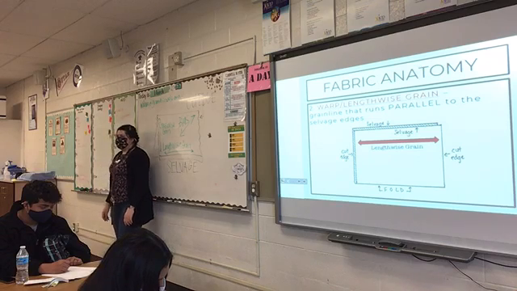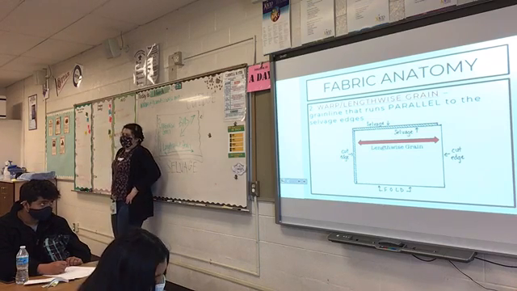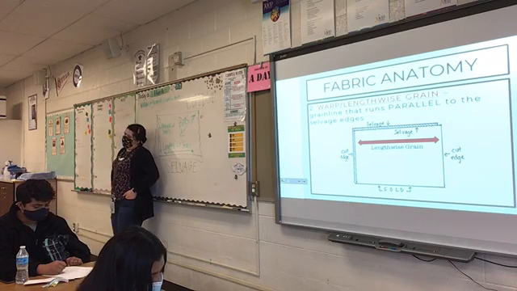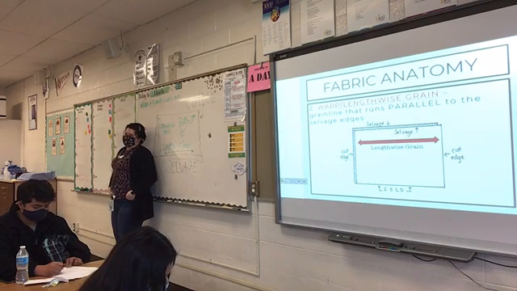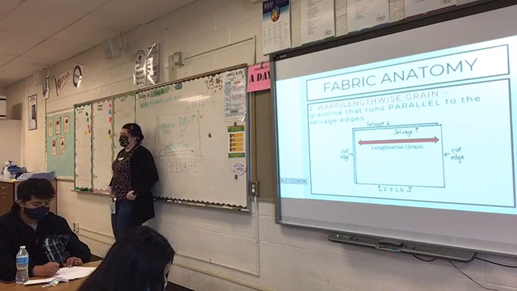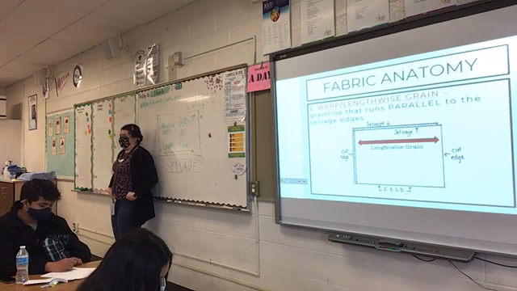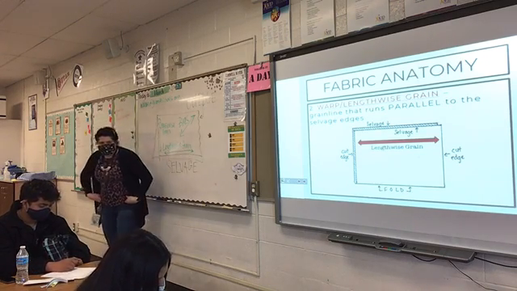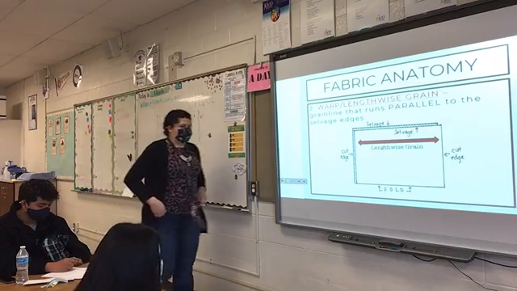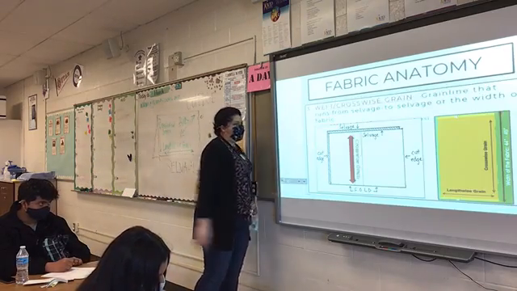They are mostly multiple choice. I'm going to go over it with you. If you're listening, you'll do well. If you're not listening, you will not. Unless you already know the answers, but do you know characteristics of cotton, linen, and wool? No. I'll help you. Okay, parallel to the selvage.